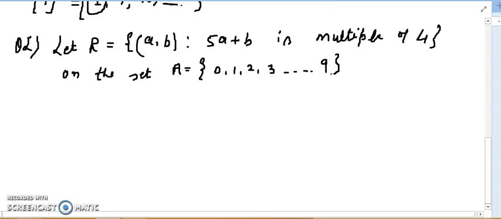So find the equivalence class for 0. I'm writing it short, so please try to understand. Find the equivalence class for 0. All right, so use the same method.